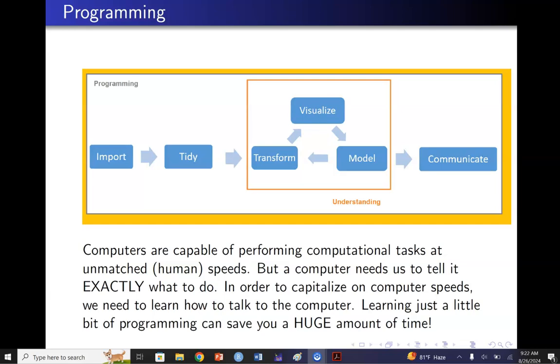For what we'll be doing in this course, we do not need to become computer masters. We do not need to become expert computer programmers, but there's this really wonderful learning curve where a little bit of programming will get us very far and really help us speed up a bunch of things and get to a deeper level of understanding than if we would have tried to do this all on our own.